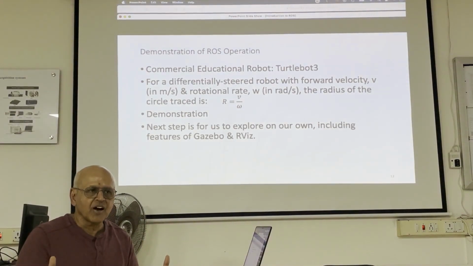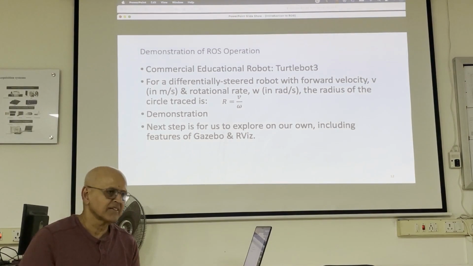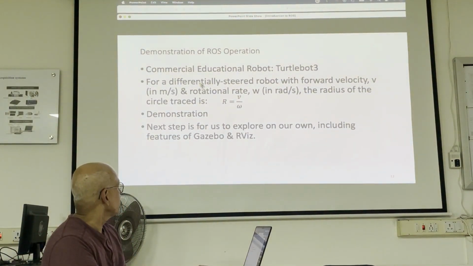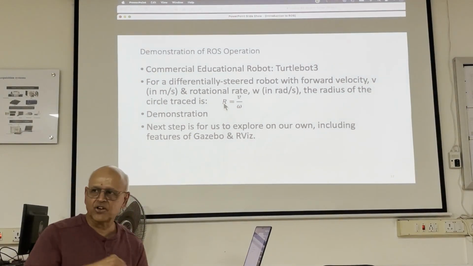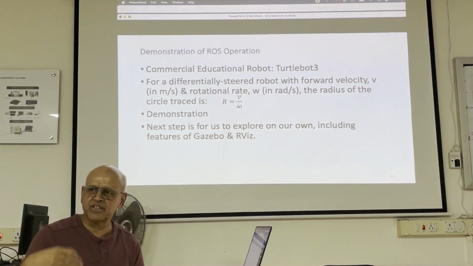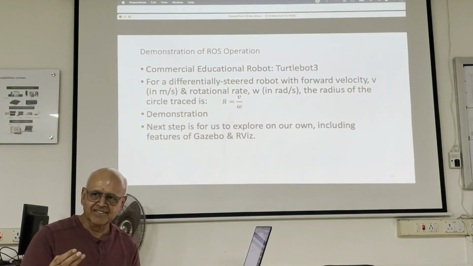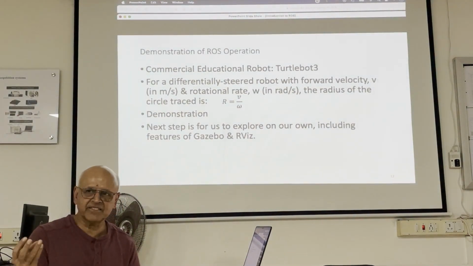But of course, who's interested in a robot that goes in a circle forever? You want to make it do fancy paths. Well, that means you're going to change the radius frequently. So you're going to change the radius from moment to moment. You can do that by changing V, or changing omega, or by changing both of them.